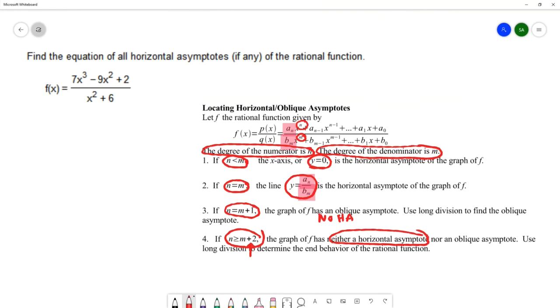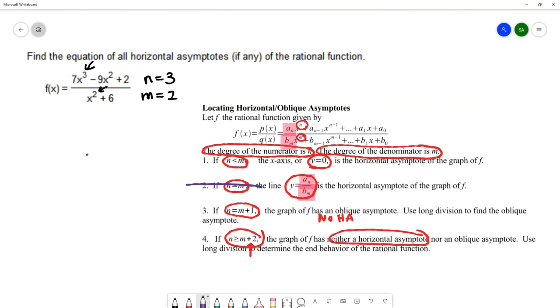So we need to figure out the degree of the numerator and the degree of the denominator, compare them, and decide which case we're in. So looking at the numerator, I can see that the highest power on x is 3, so n is equal to 3. And from the denominator, the highest power of x is 2, so the degree of the denominator is 2. So we can definitely rule out case 2 because they're not equal to each other.